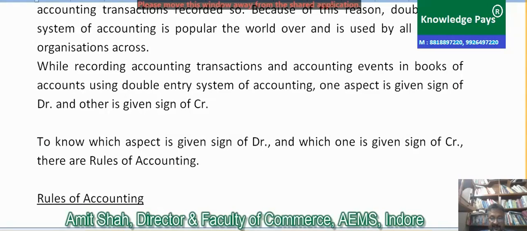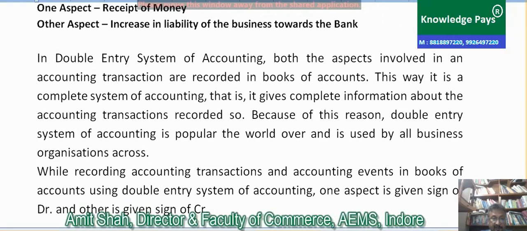So as I said, in every accounting transaction or in every accounting event, there are two aspects involved. In double entry system of accounting, we record both the aspects in our books of accounts. That is, we record both the sides, and while doing so, we give sign of debit to one aspect and sign of credit to the other aspect. So which aspect is given sign of debit and which is given sign of credit?